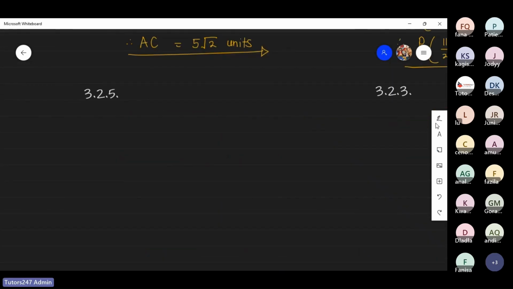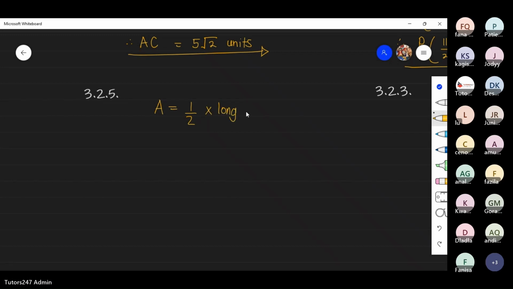So we've got question 3.2.5. Your formula for area of a kite is going to be a half times the long diagonal times the short diagonal. So always remember that area of a kite is a half times your long diagonal times your short diagonal.